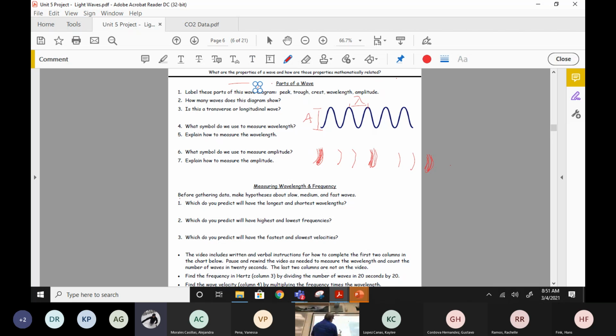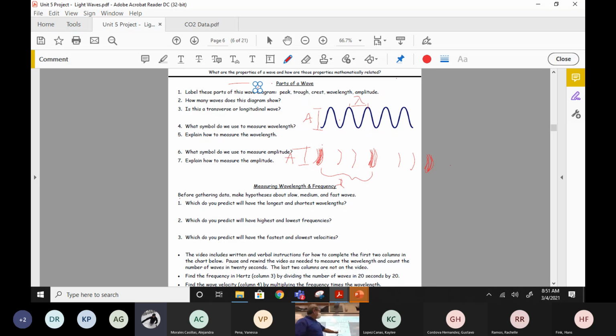So, for example, the height of the wave, the tallness of those waves, would be the amplitude, and the distance from one zone of compression to the next zone of compression would be the wavelength. So the zone of compression is kind of similar to the peaks. You could think of it that way. So this is now lambda over here.